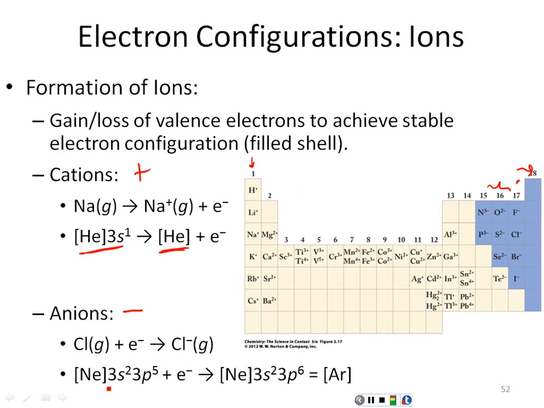Chlorine's electron configuration is neon 3s2 3p5. If we add one electron, that becomes neon 3s2 3p6, or the same configuration as argon. So again, these ions are trying to become like noble gases.